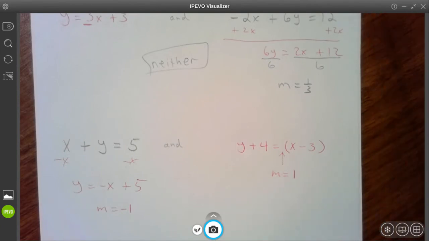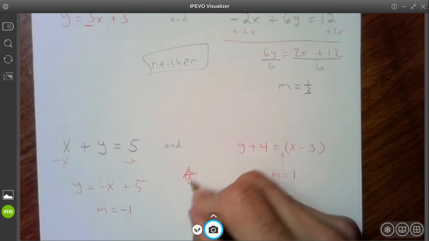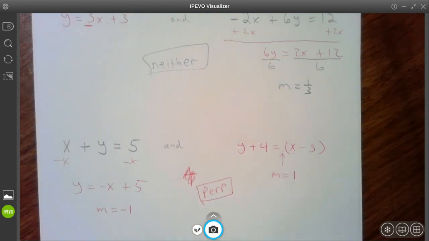So if the slopes are 1 and negative 1, well, those would be negative reciprocals of each other. They are negatives, and we talked about the last time, 1 is its own reciprocal, because if you flip 1 over 1, you still get 1 over 1. So this one, they would be perpendicular to each other.